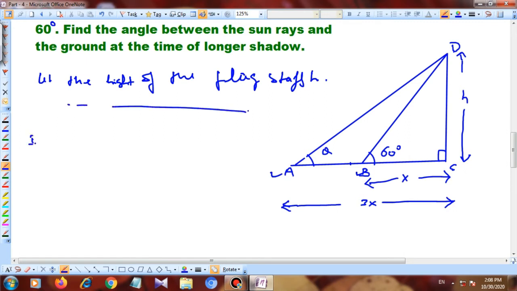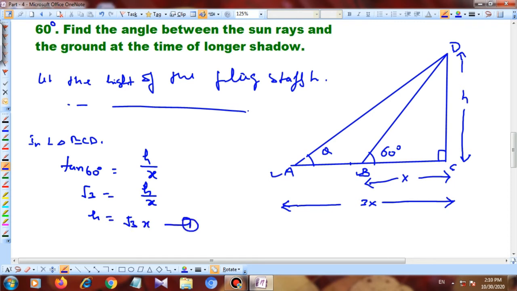So now in right angle triangle BCD, then tan 60 equal to h upon x. Value of tan 60 is root 3, so this is h upon x. When you cross multiply, then you will get h equal to root 3x. This is our first equation, right?